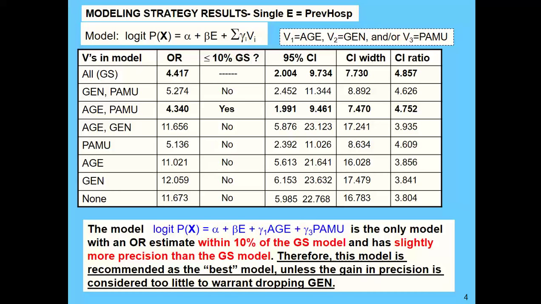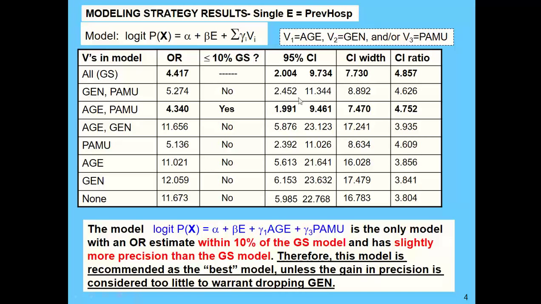And the way I considered confounding is I looked at the odds ratio for all possible subsets of these 3 variables, and I looked to see which odds ratios, if any, are within 10% of the gold standard odds ratio. The gold standard odds ratio was the one that controlled for everything, the 3 variables we started off with, after interaction. And we only found one subset of these 3 variables that gave you essentially the same answer, at least within 10%.